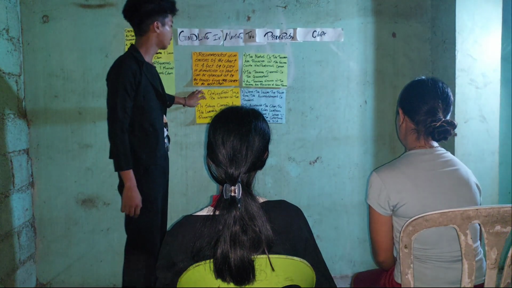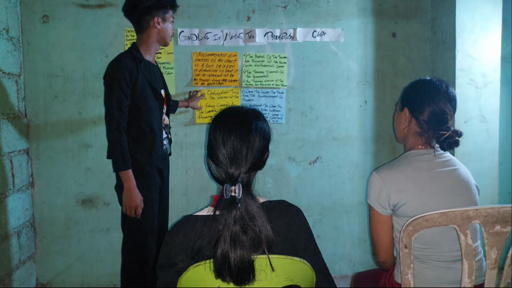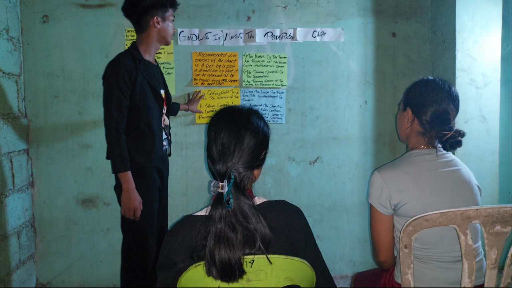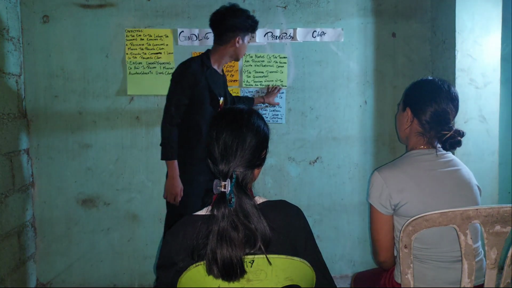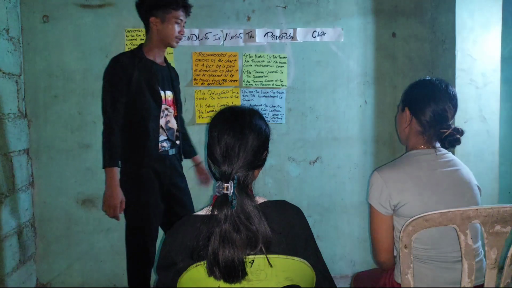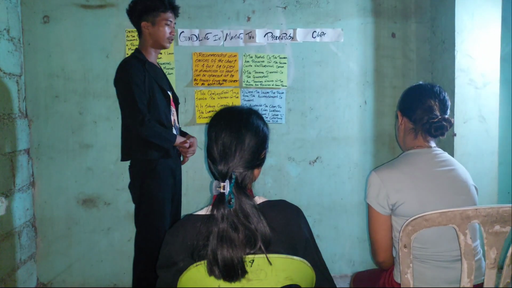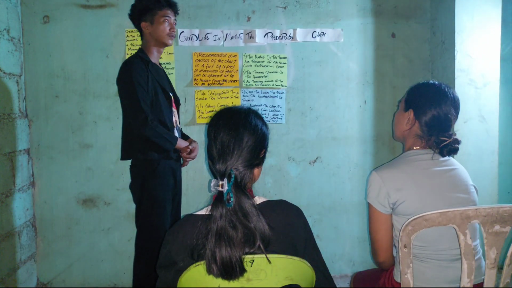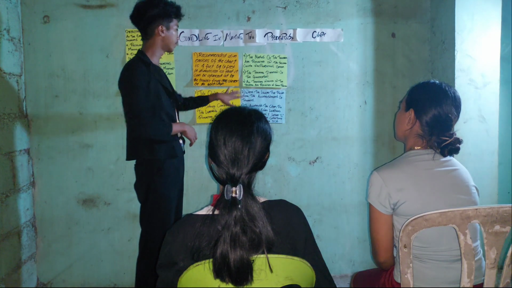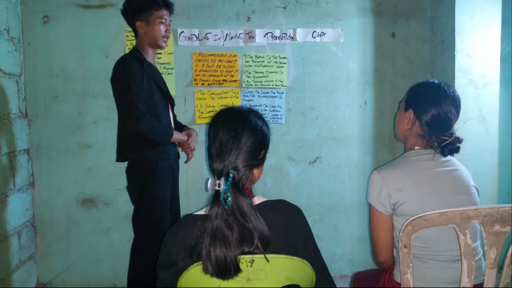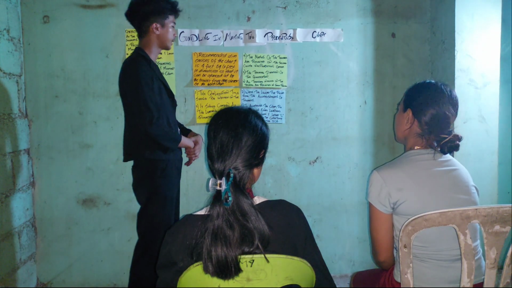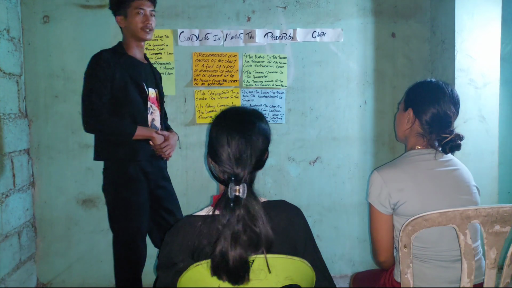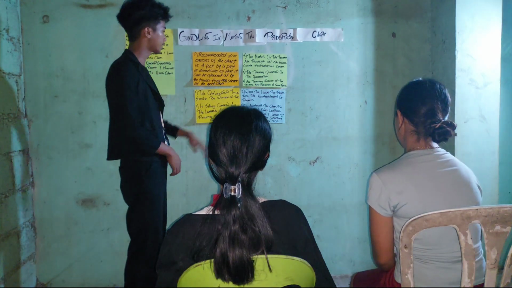Number 6, all trainers involved in the training are reflected in the space provided. So for number 6, we need to include the names of all trainers who participated in the training. That's for number 6.